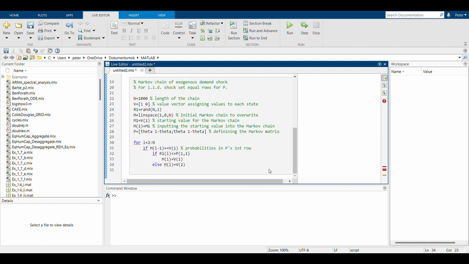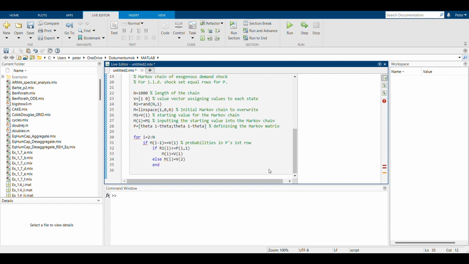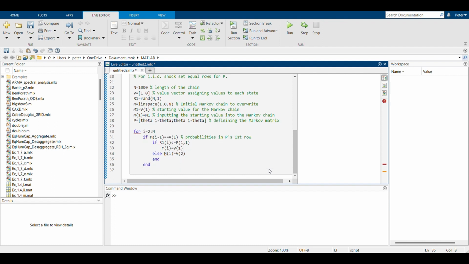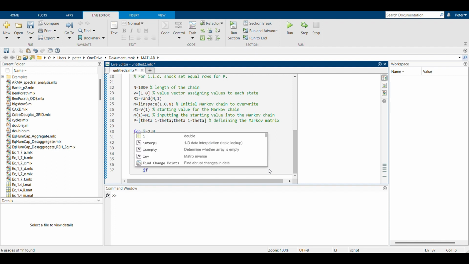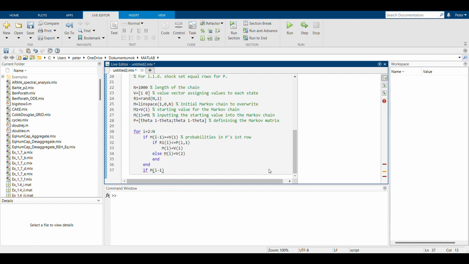Okay, and let's call into play the second row of the Markov matrix. If the previous value is 0, we are calling into play the probabilities in the second row of the Markov matrix.